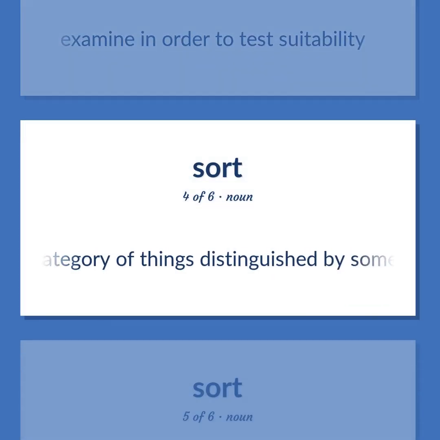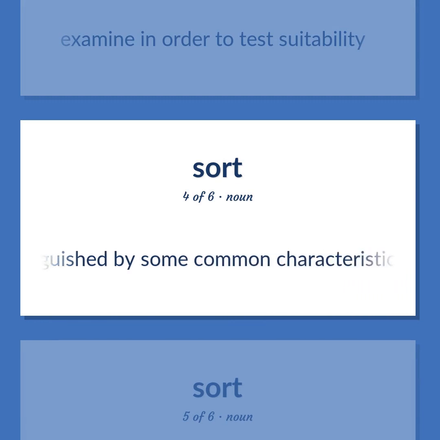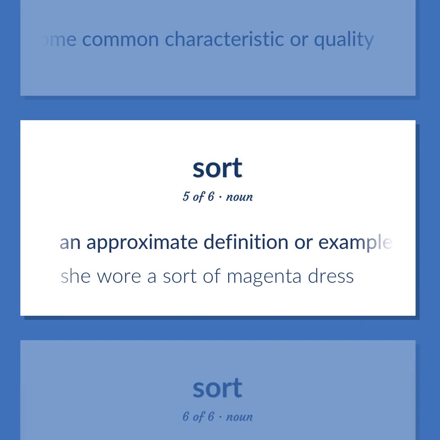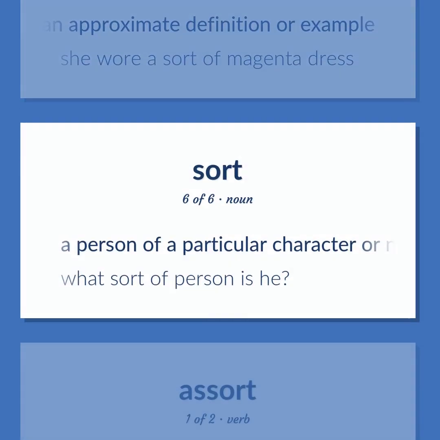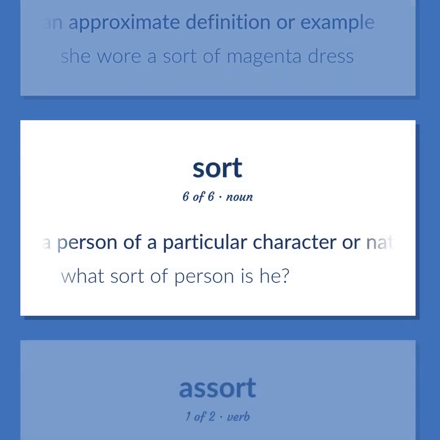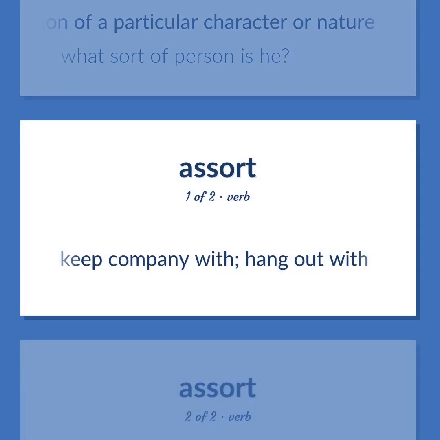A category of things distinguished by some common characteristic or quality. An approximate definition or example. She wore a sort of magenta dress. A person of a particular character or nature. What sort of person is he? Keep company with, hang out with.